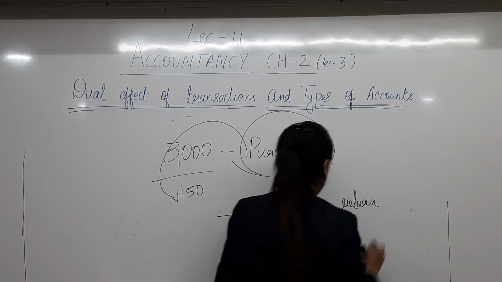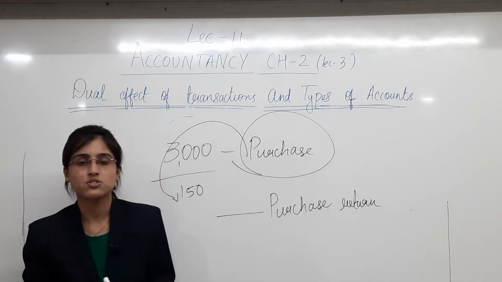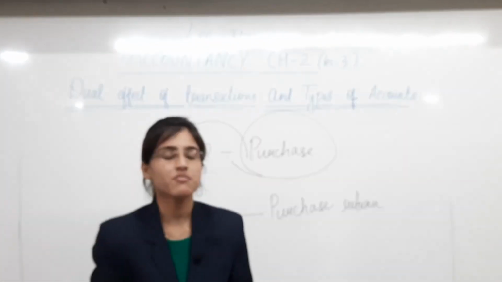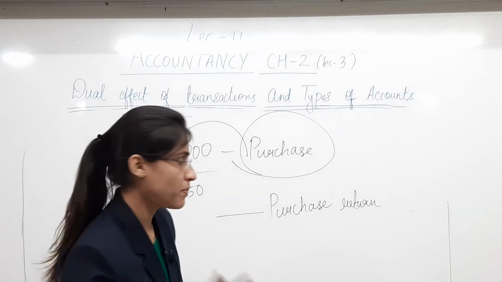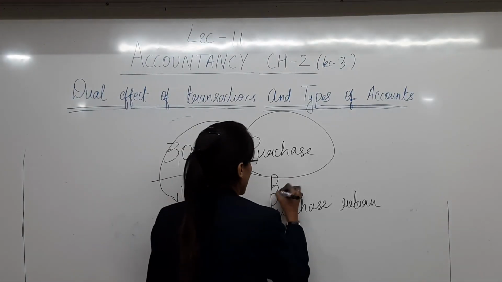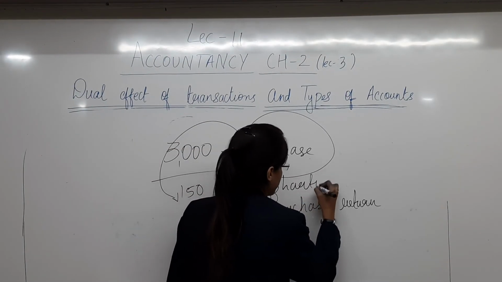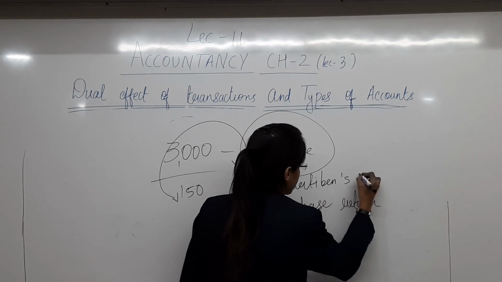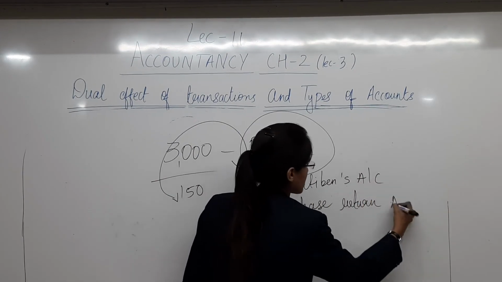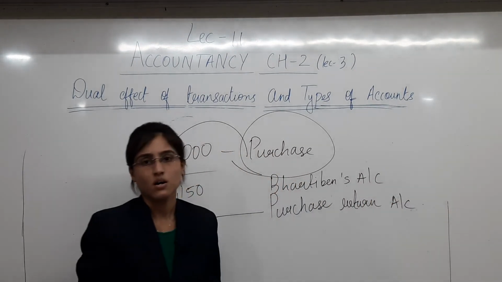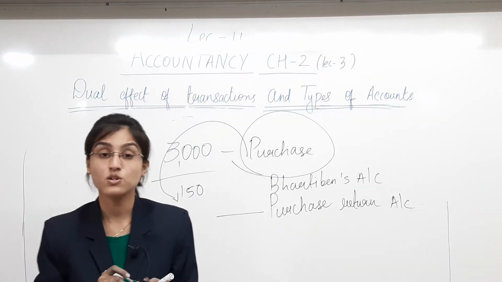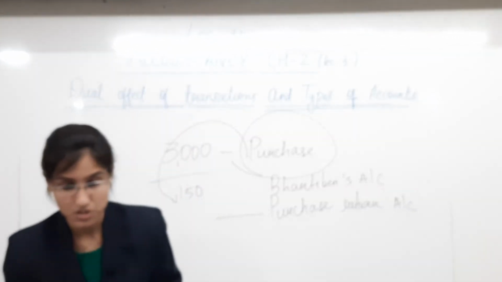And one of the two effects of this transaction, goods have been returned to whom? To Bharti Ben. So Bharti Ben's account and purchase return account. Yes, these are the two effects for this transaction.